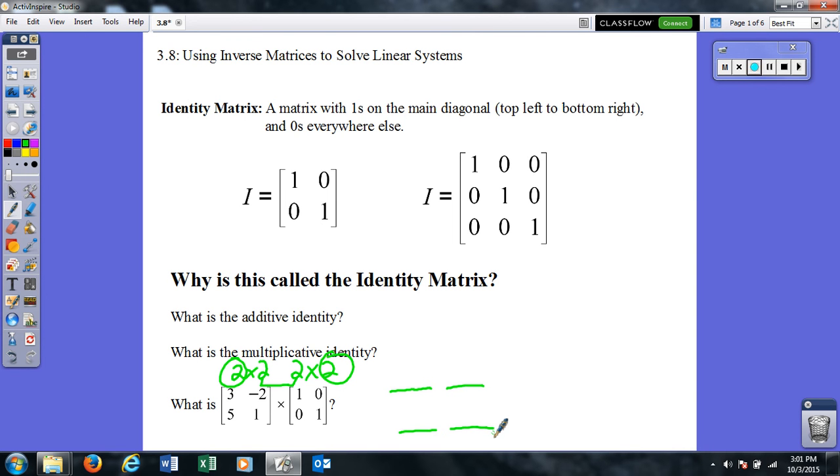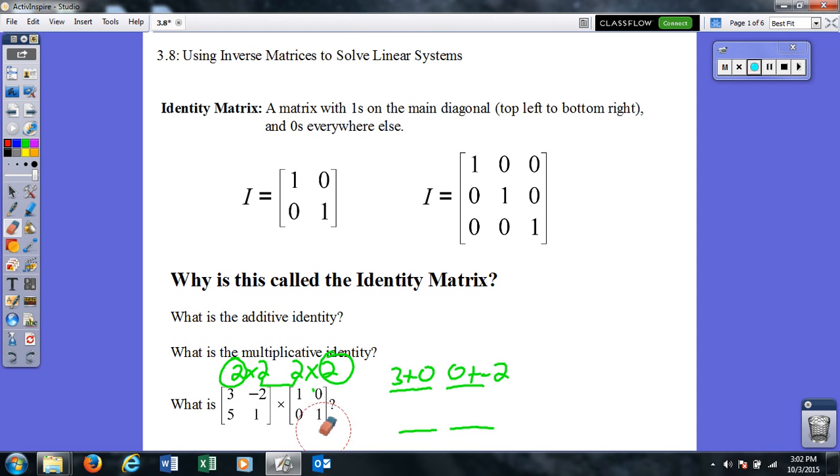Let's multiply 3 and negative 2 by this column here. Starting in the first spot of each, 3 times 1 is 3. Then negative 2 times 0 is 0. So we get 3 plus 0. For the top right spot, we use the top row, right column. That's 3 times 0 is 0, plus negative 2 times 1 is negative 2.